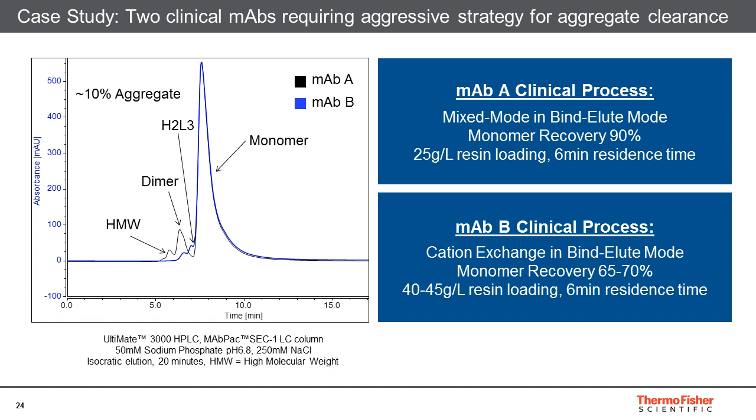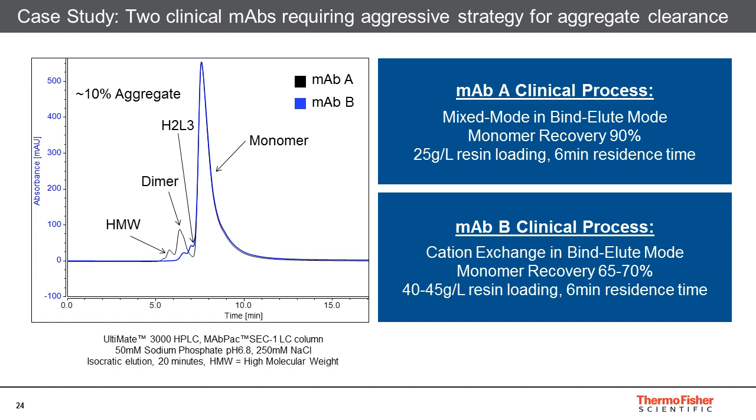But at the same time, there was a low yield of around 70% monomer recovery due to the aggressive elution pooling criteria for this particular process. The loading for this process for mAb-B is 40 grams per liter resin loading, again at a 6-minute residence time.